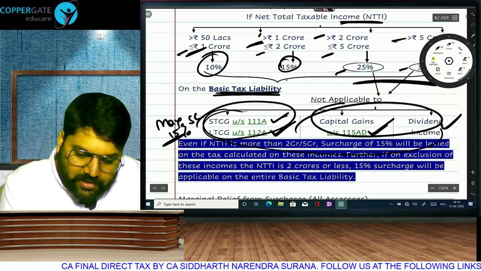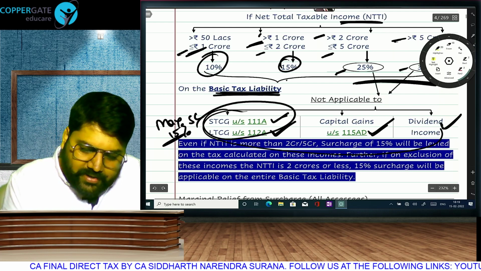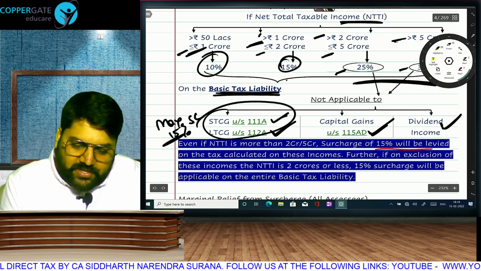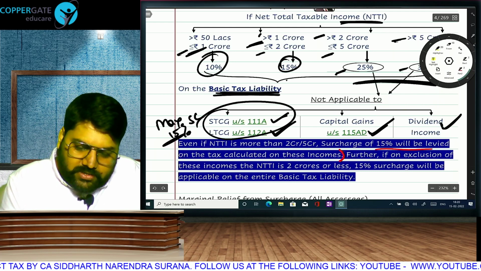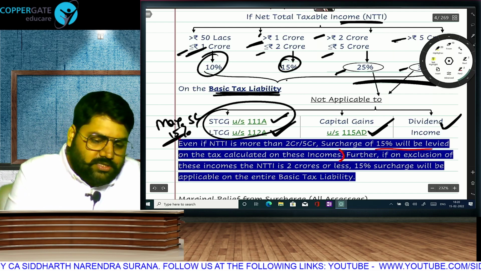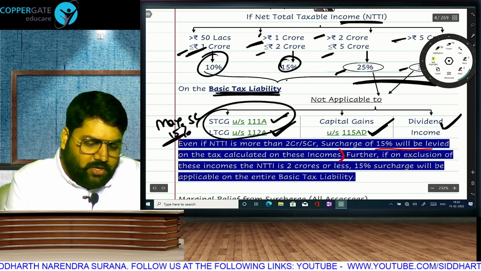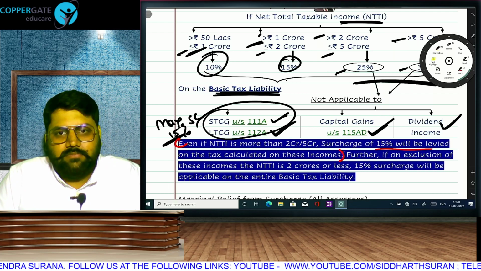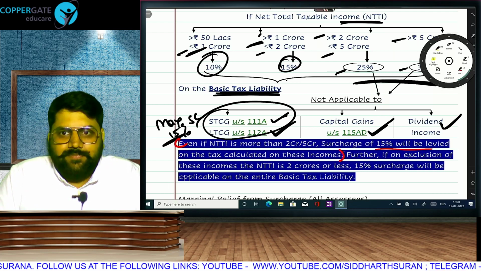Let me be clear that even if your NTTI is more than 2 crore or 5 crore, surcharge of 15% will be calculated on the tax on these incomes. We stop here. This is what I have explained. Whatever be your total income, the surcharge of these incomes will be maximum 15%.